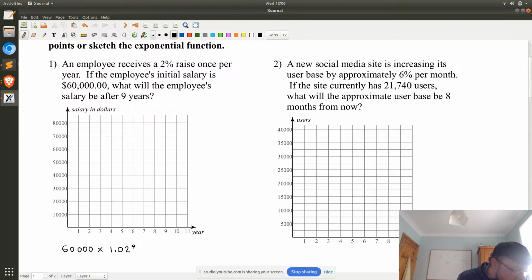Which is $71,705.55. And of course, we have the approximation sign there because that's accurate.